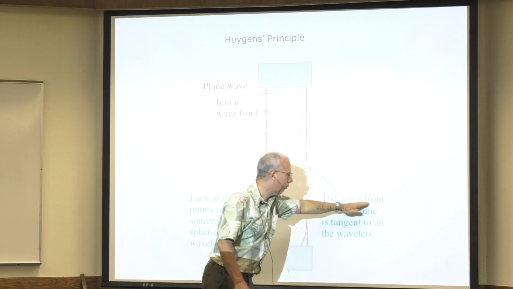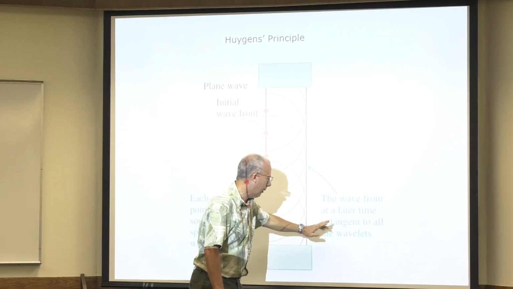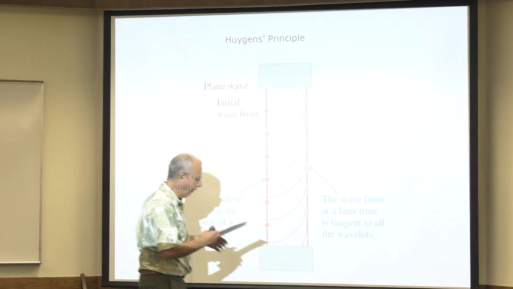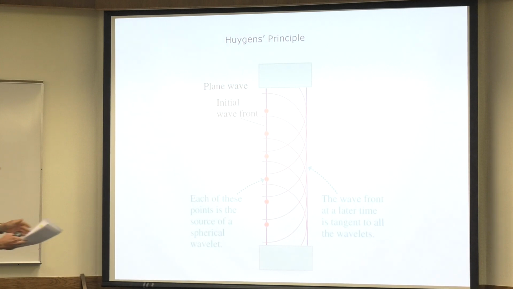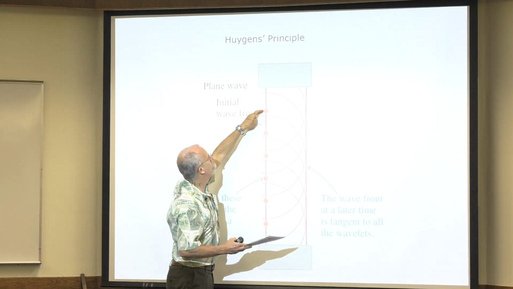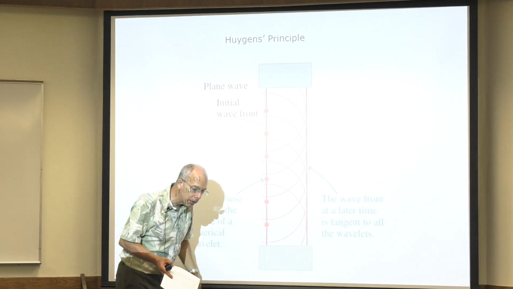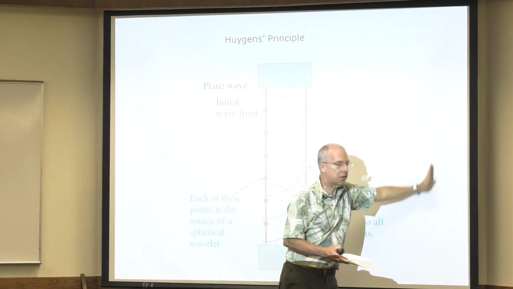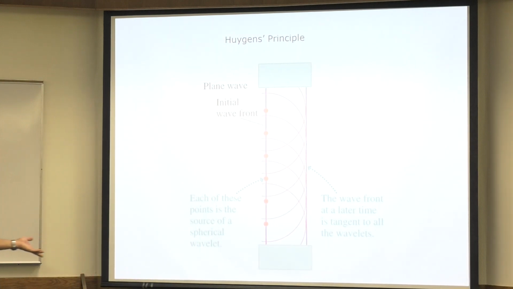And the wave front, again, just the maxes of the wave, at a later time is tangent to all of these wavelets, all right? Now think about it. If you have like 1 million of these sources of spherical waves, what are you going to get over here at the screen? You're going to get an interference pattern, right? You have 1 million waves interfering, okay?